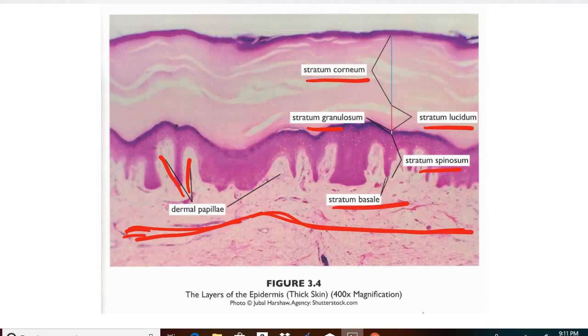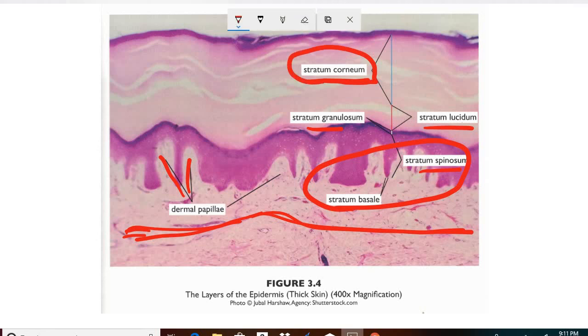And these 2 layers do mitosis, and as those new cells are produced, they're just pushed up into the next layer, and they slowly die, so that by the time you get to the stratum corneum, you just have 25 to 30 layers of dead skin cells that are just constantly flaking off every time we touch something or rub against something.